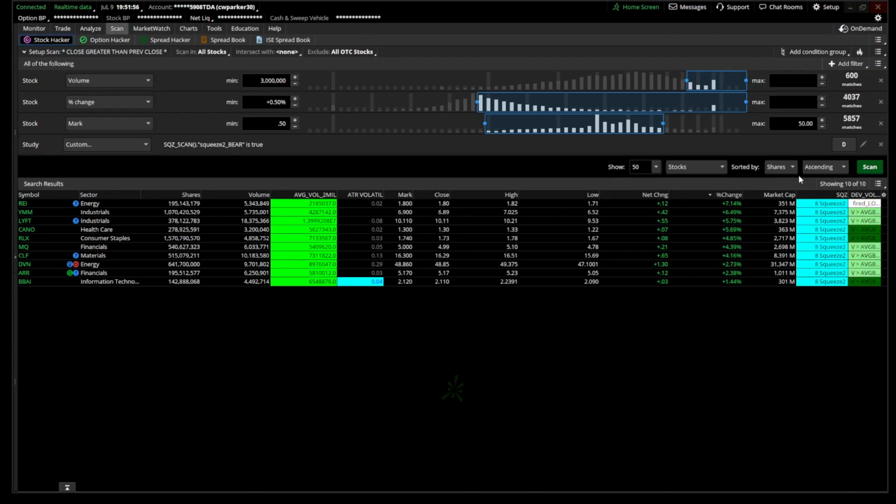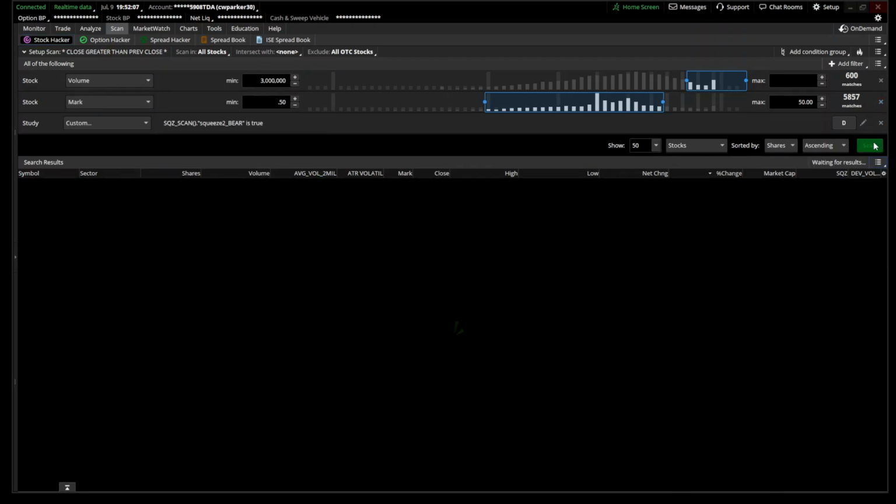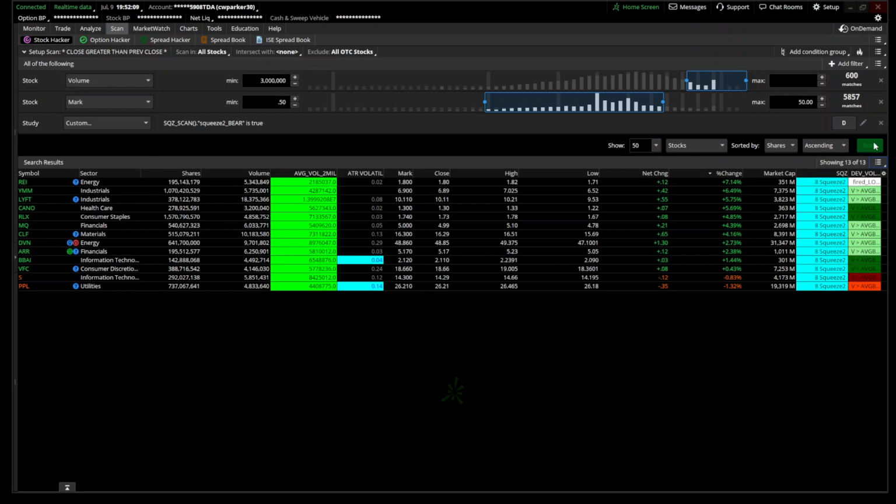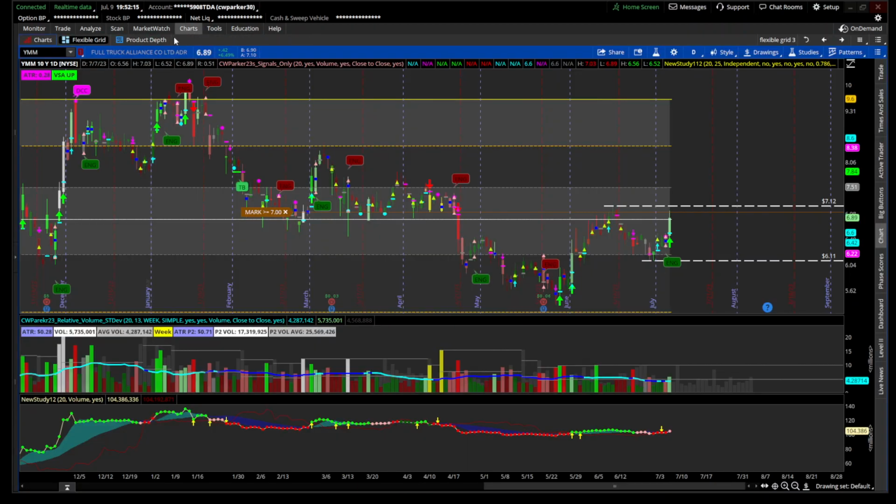So it just says I need to make some adjustments to my scan. And the other problem is I have this percent right here, so it's not necessarily going to give me anything that's bearish, except for S. I think that's Sprint.